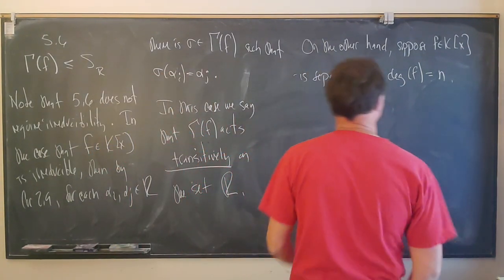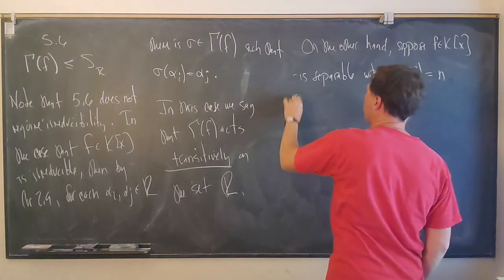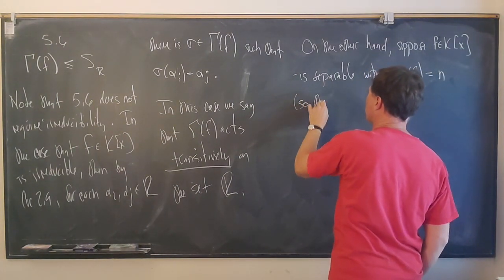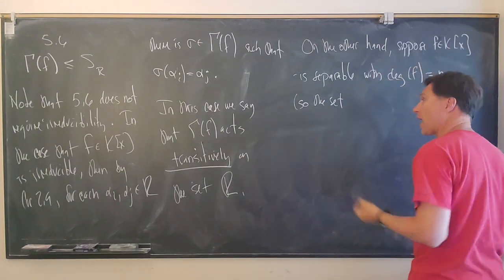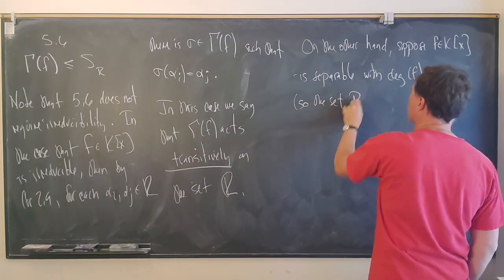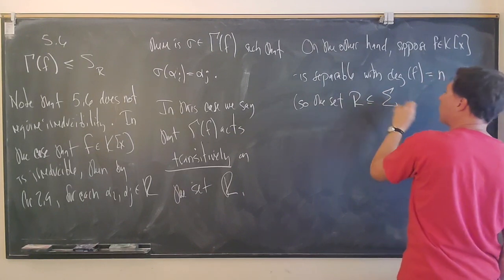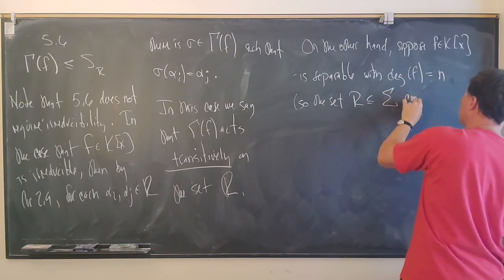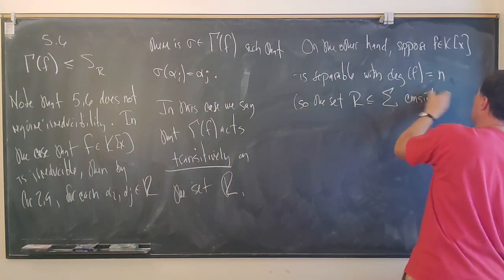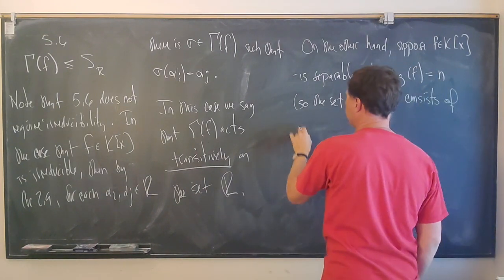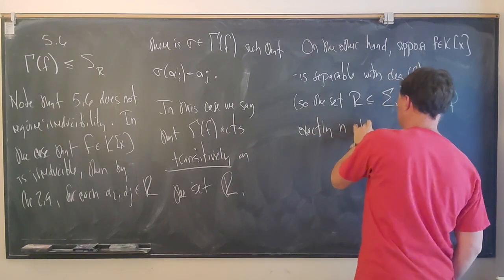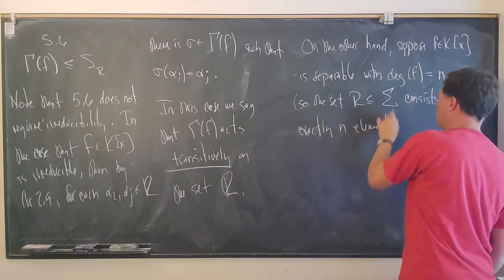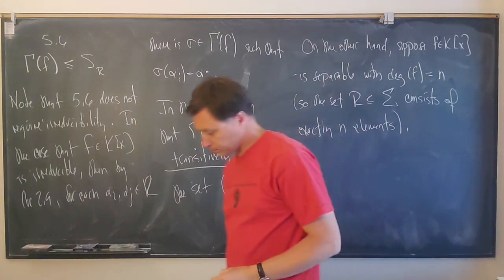Since it's a separable polynomial, that means that we don't have multiple roots. So the set R consists of exactly n elements.